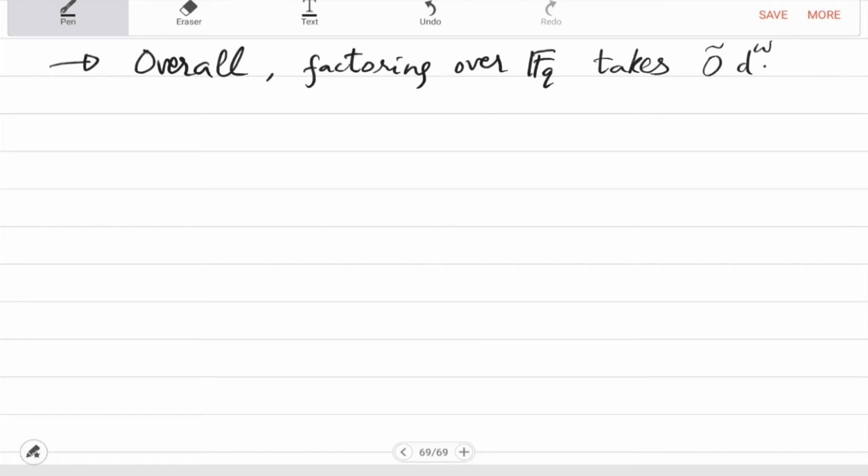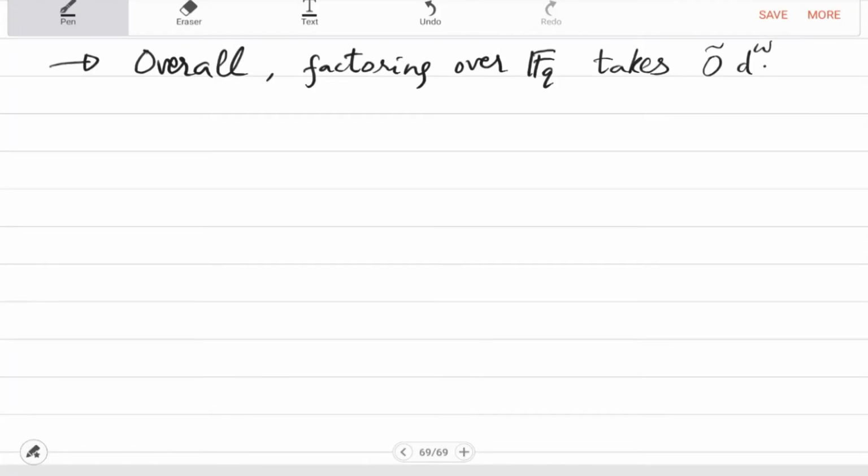In the pre-processing it was actually d cube, but I mentioned that if you used fast matrix multiplication methods you can actually make it faster. So this will be something like d raised to 2.4 or 2.41, and there are obviously log q terms. So this much time.